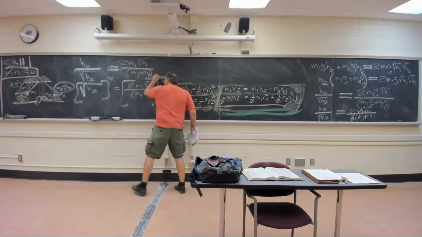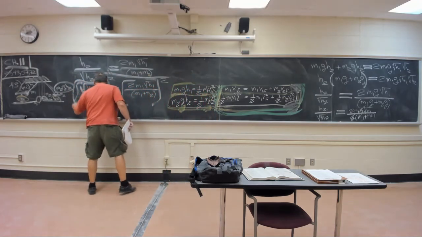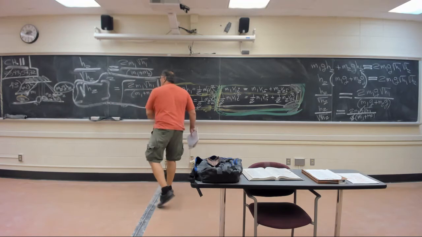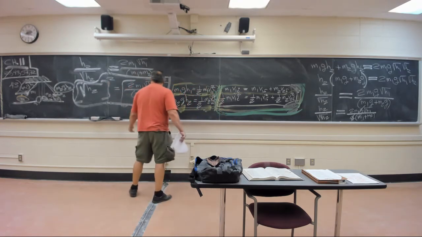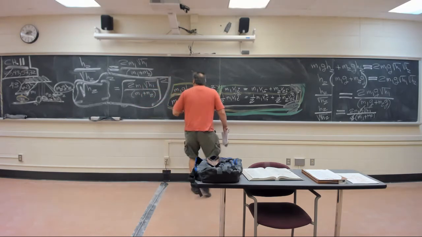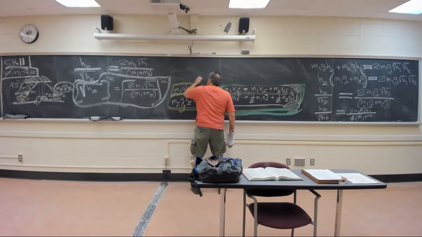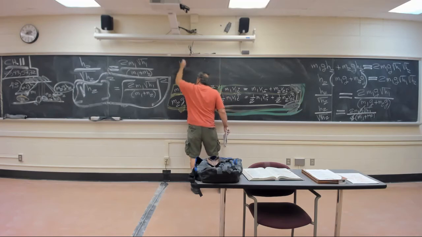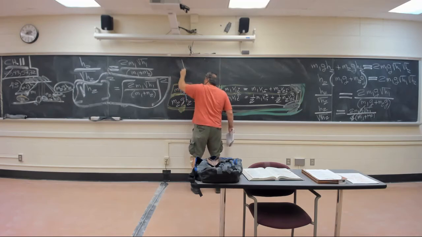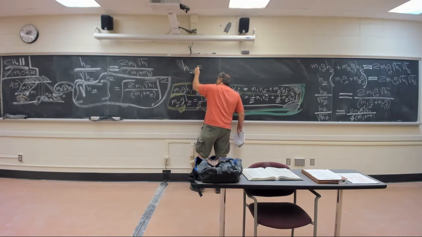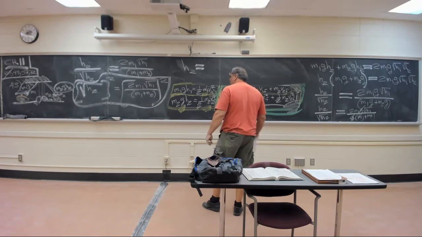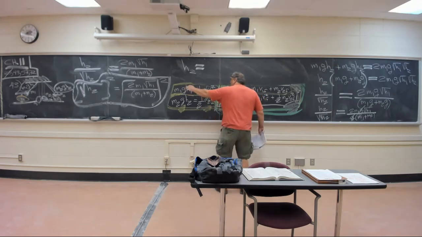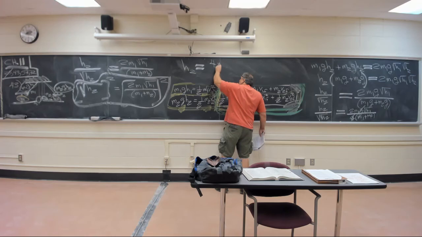If you take the square root of H2 and square it, and you take all this and square it, you have got H2 is equal to, well, square the 2, you get 4.